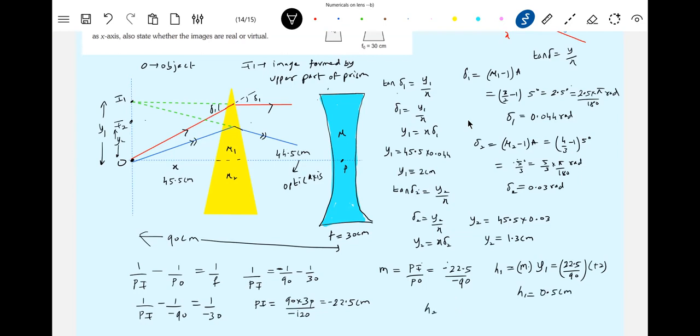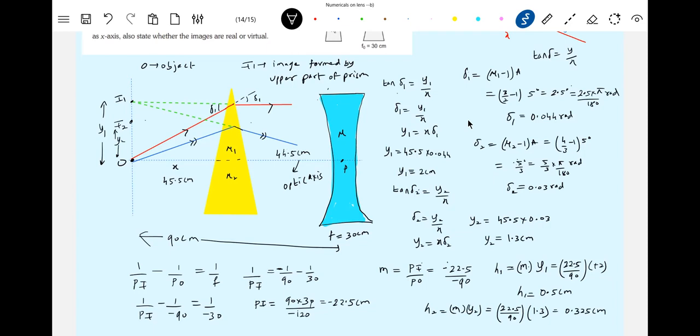Okay, h2 equals m into y2, magnification into y2, which is 1.3, so this will be 0.325 centimeter.